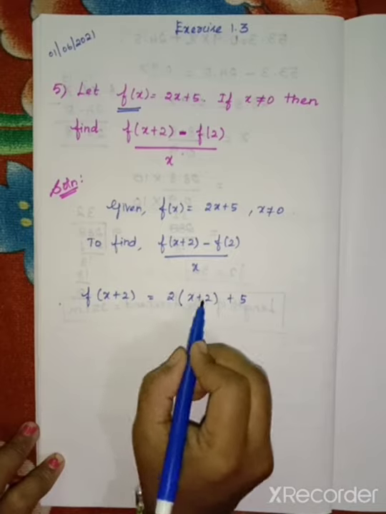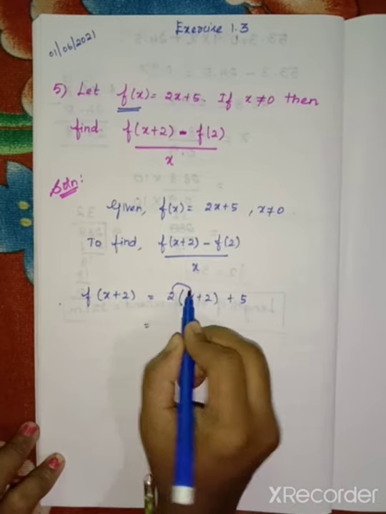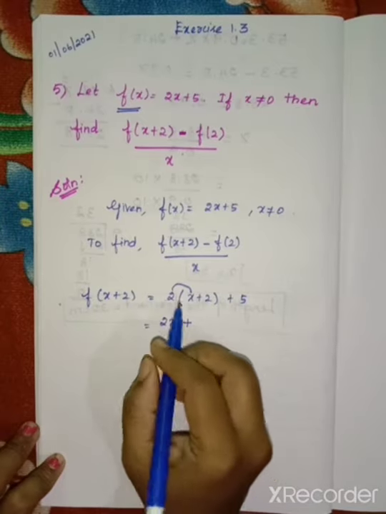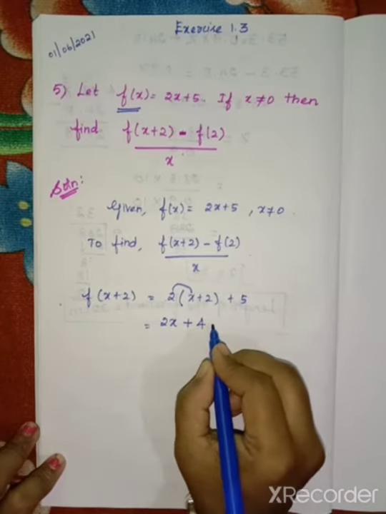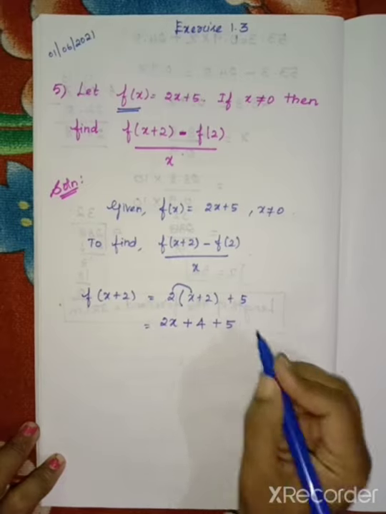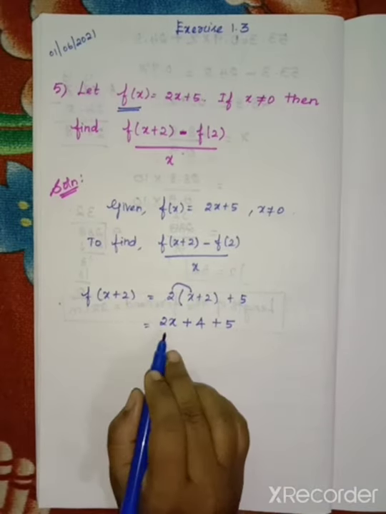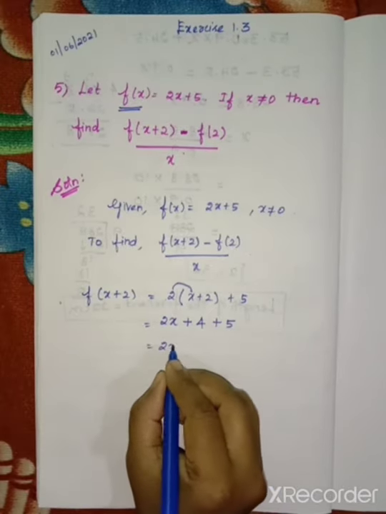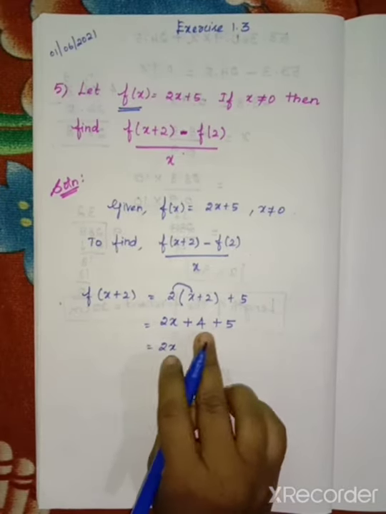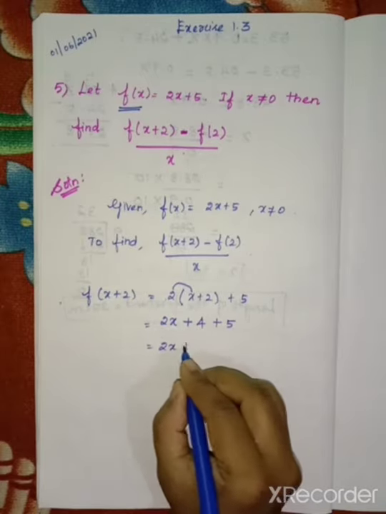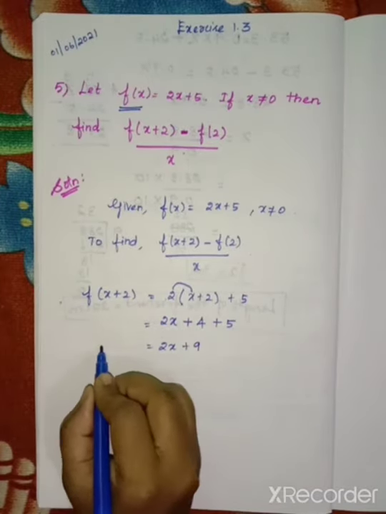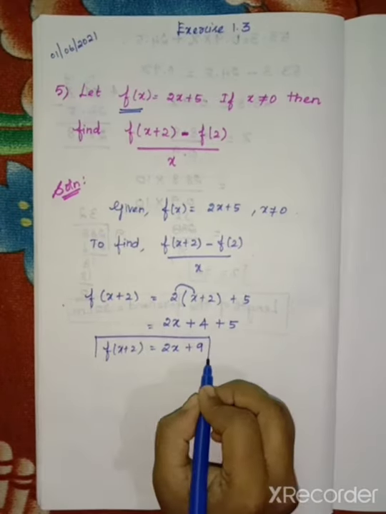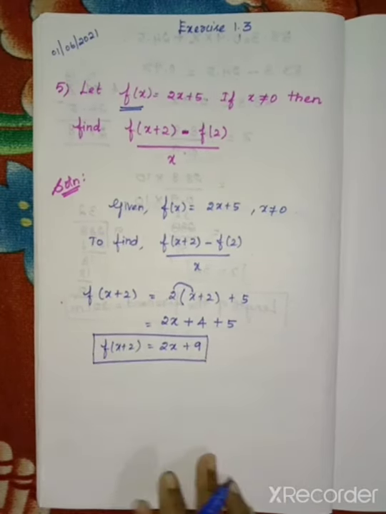Now multiply: 2 into x is 2x, plus 2 twos are 4, and the remaining constant is 5. There is no x variable in the constants, so write them as it is: 4 plus 5, we get 9. So f of x plus 2 is 2x plus 9.